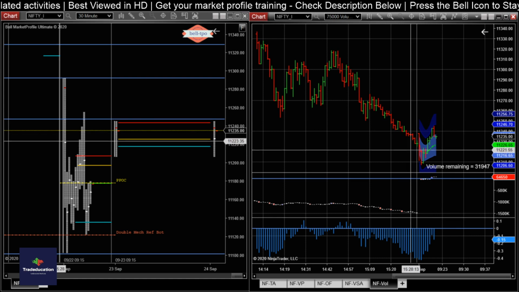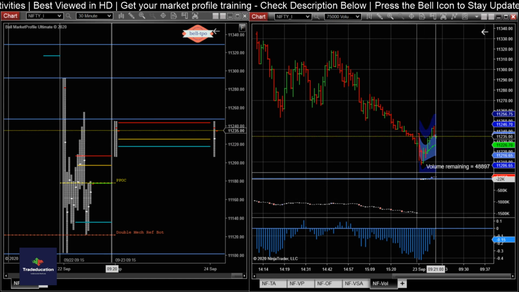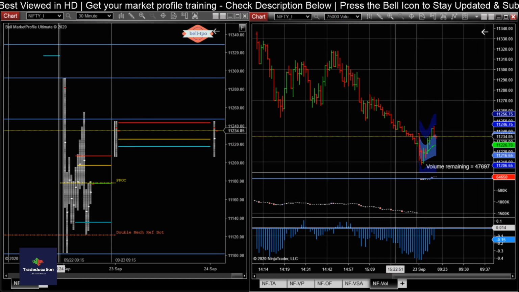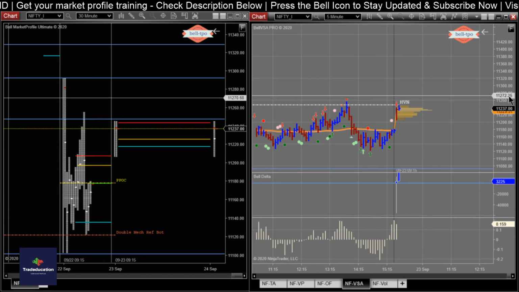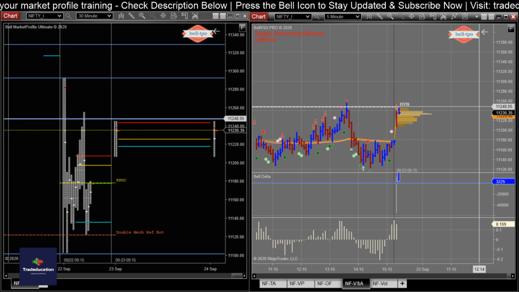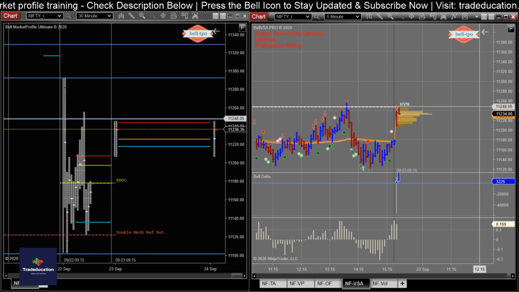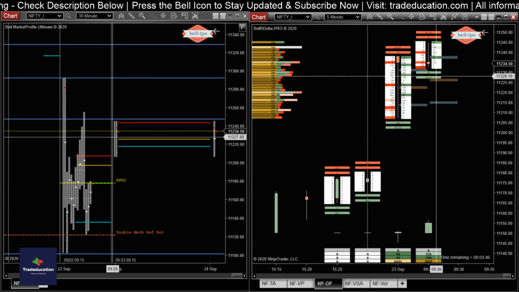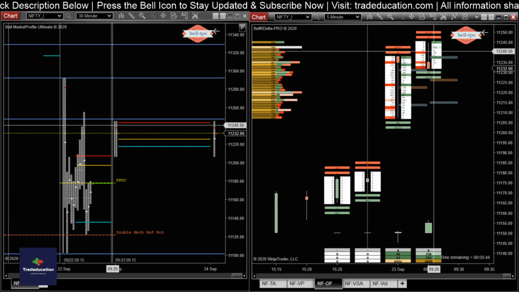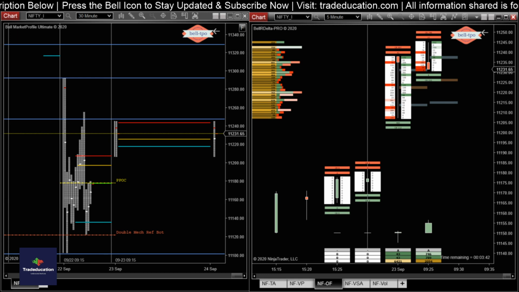We look at the volume chart. Delta has turned positive. Balance of power is still negative. No such change. So let the HVN get tagged. So let's just see. Let's just wait for this candle to close.